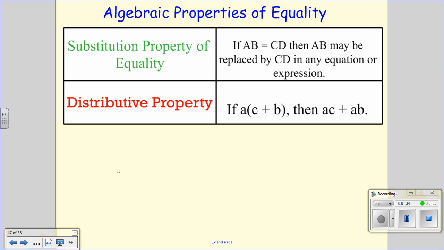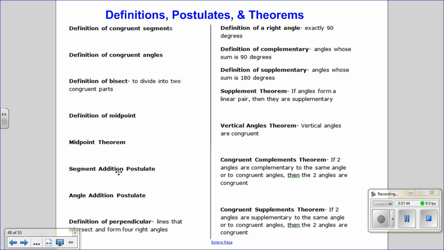Substitution as well, and distributive property could possibly show up, but not likely when it comes to the geometry proofs. On the pink sheet that we gave you, the properties towards the bottom, you'll find these listed.